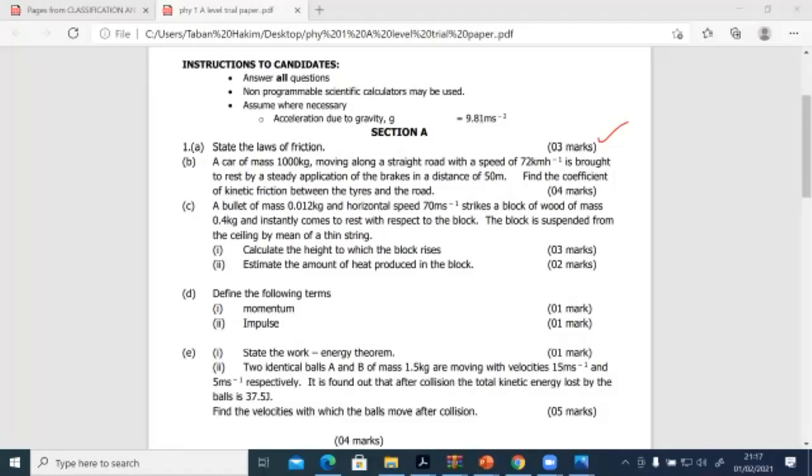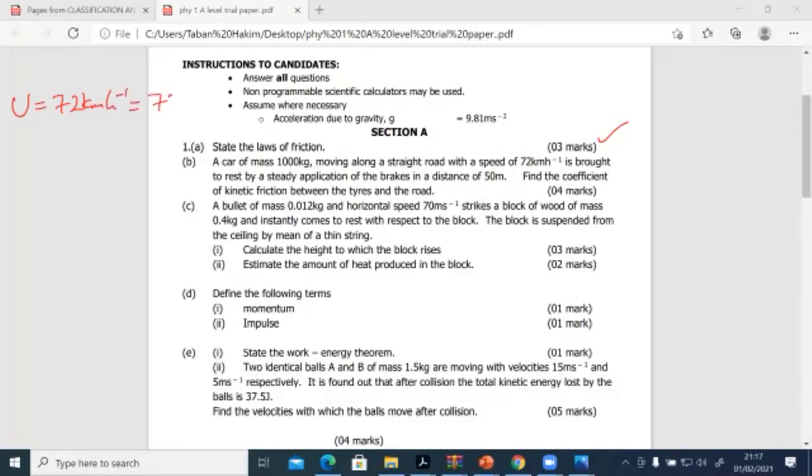That is fine. Then part B: a car of mass 1,000 kilograms moving along a straight road with a speed of 72 kilometers per hour is brought to rest. So in this question, we have the initial velocity, which is 72 kilometers per hour. You change this to meters per second.